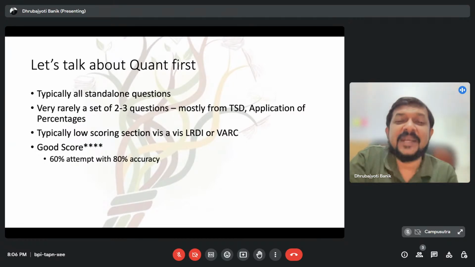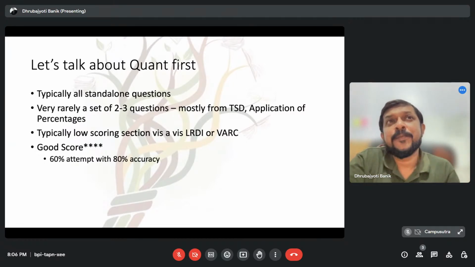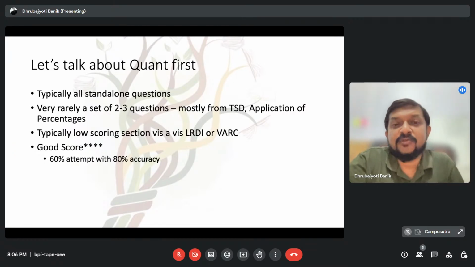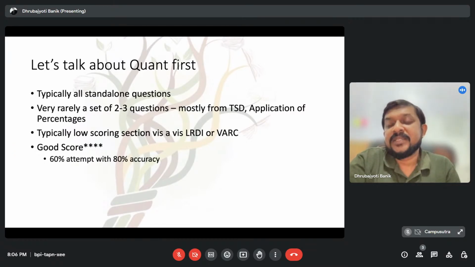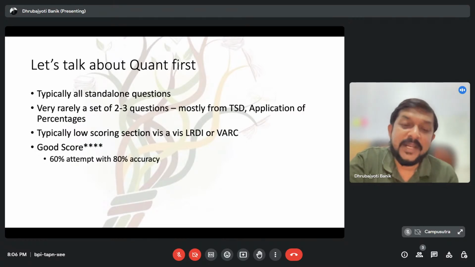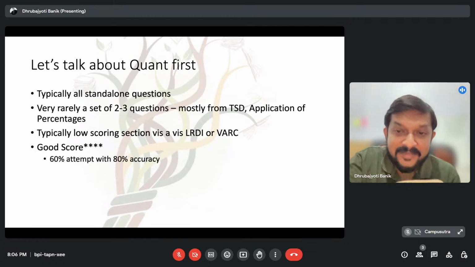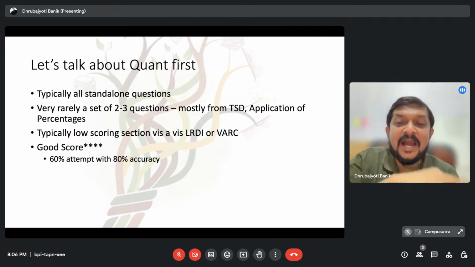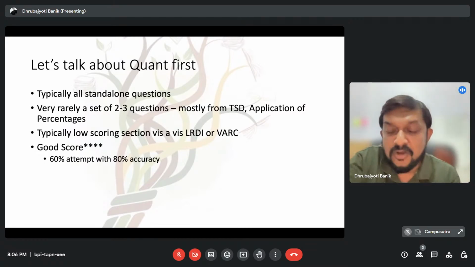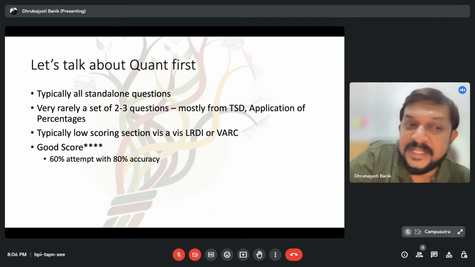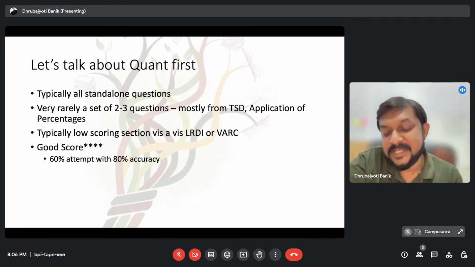Very rarely, and we have seen that in CAT 2013 and CAT 2015, some questions are clubbed together, where they give you one diagram or one data, and from that they ask 2-3 questions, but based on one single concept, maybe time speed distance, maybe an application of percentages.